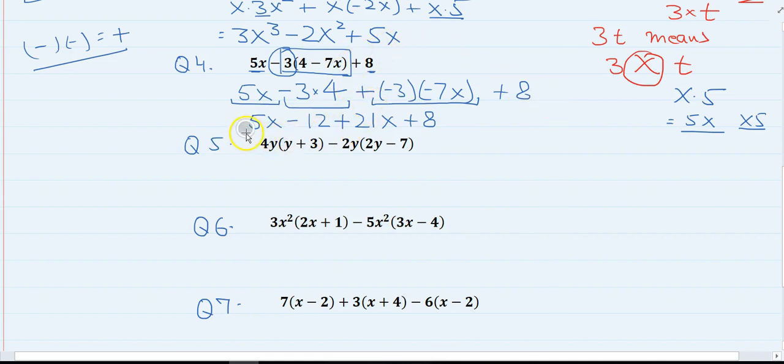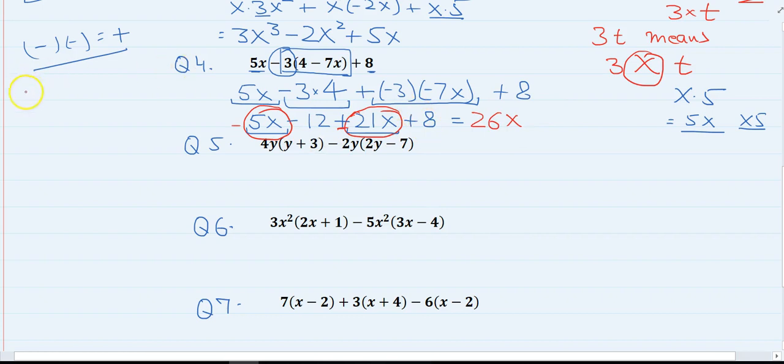Now we can simplify it further by using like terms, 5x plus 21x. These are the same terms, these are the like terms. You can see 5x and 21x, both are positive. So 21 plus 5 is 26x.